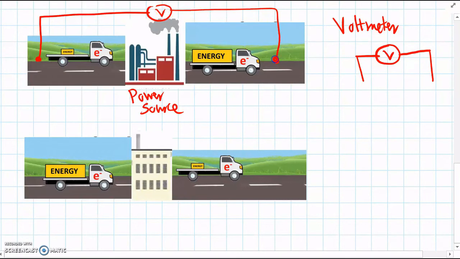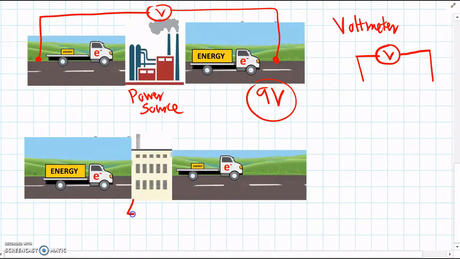So if we connect up a voltmeter on each side of the power source, it's going to measure what's the energy change, or how much energy do the electrons gain as they go through the power source. So since they're gaining energy here, this might be something like 9 volts that the voltmeter would be measuring.